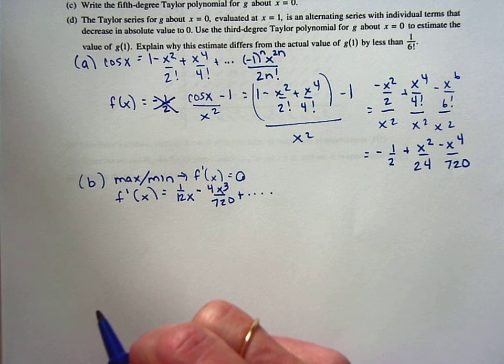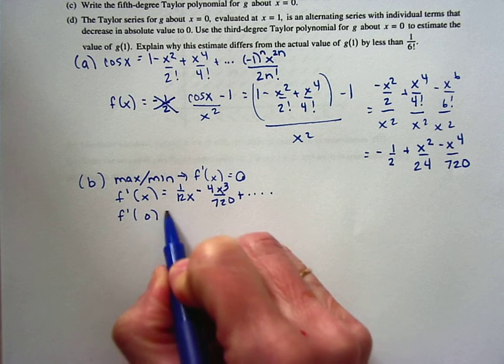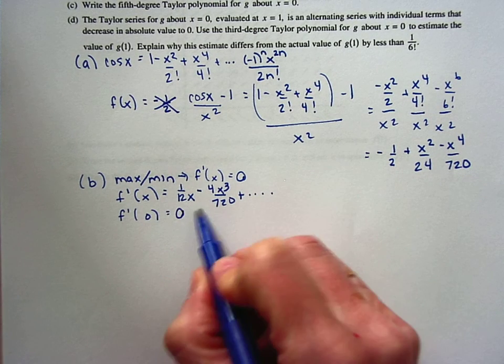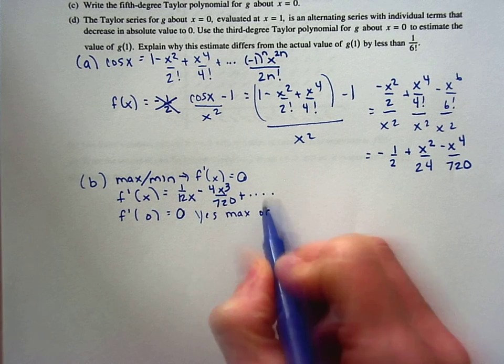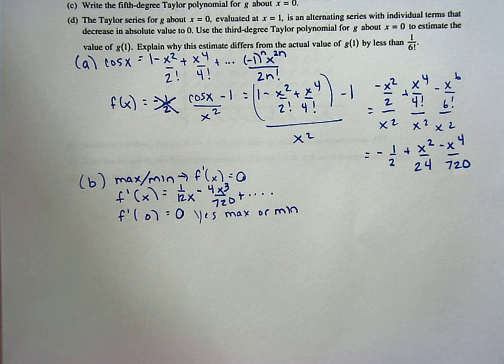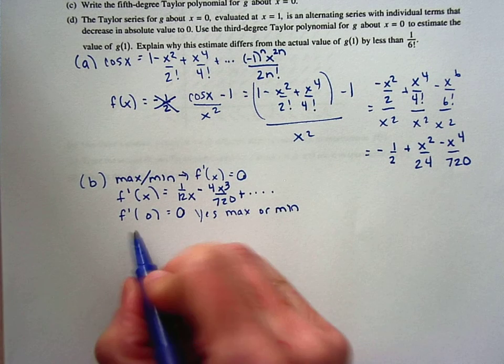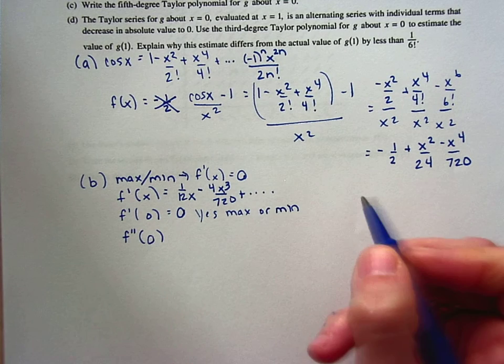We want to know what's going on at 0. So f prime of 0 is going to be 0, so yes, we have a max or min. Now we have to figure out which one we have. We can use a theorem from chapter 4 where we take the second derivative.